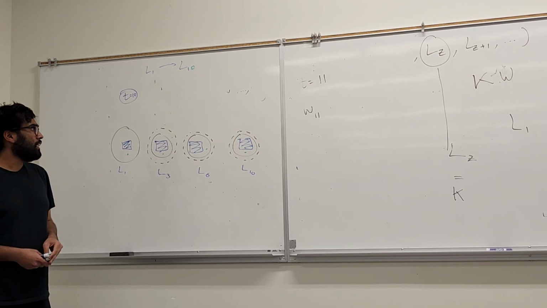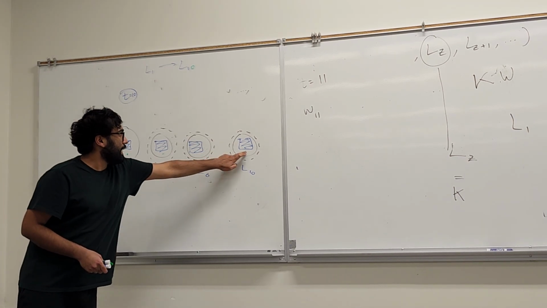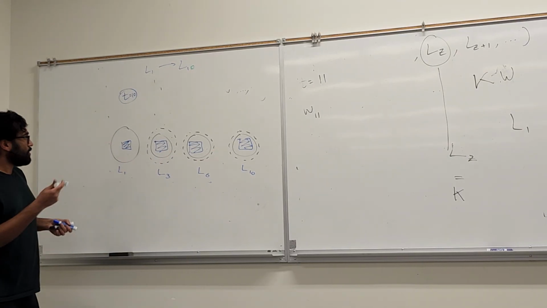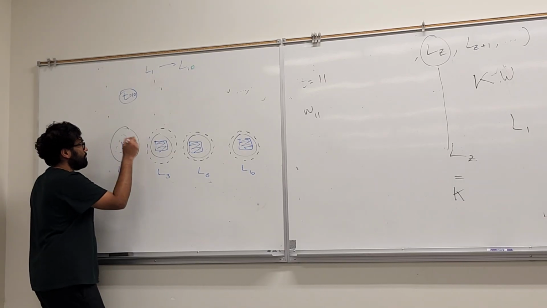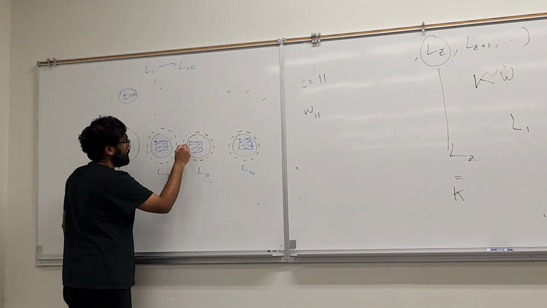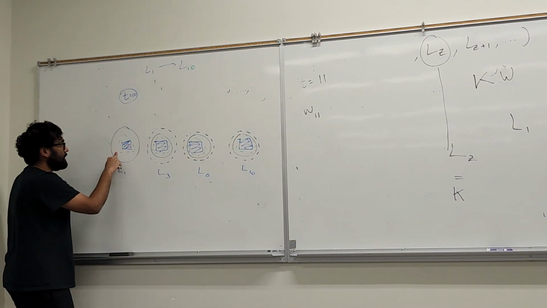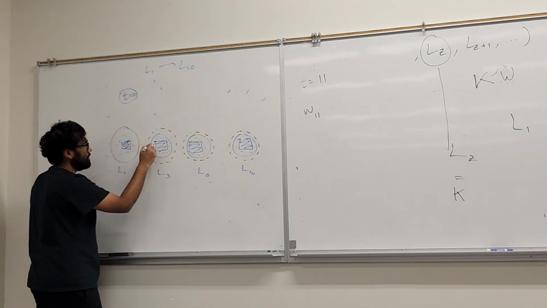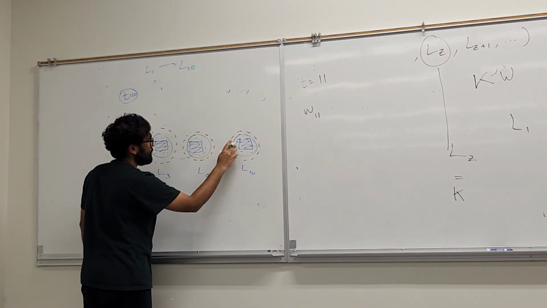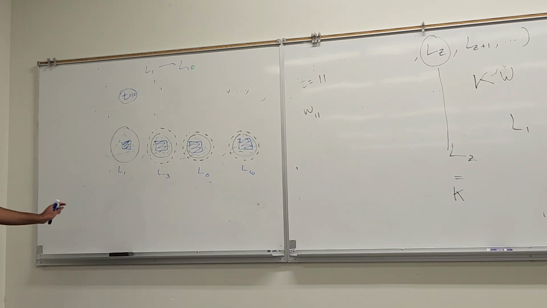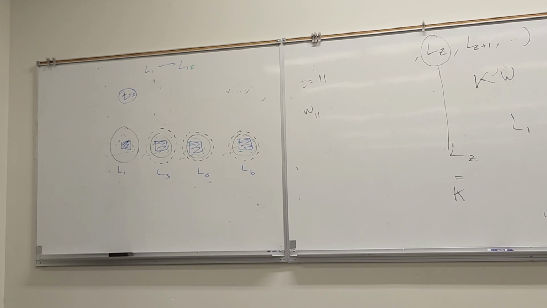Case two is, say W11 is not inside any of these. So that could happen. Case one was like this, my triangle inside. Case two is perhaps my triangle is a bit outside. Then I'll discard all these and just do something random and move on, because none of this is useful, right?